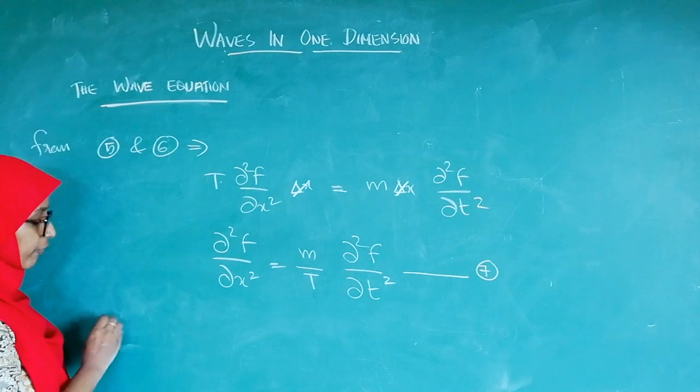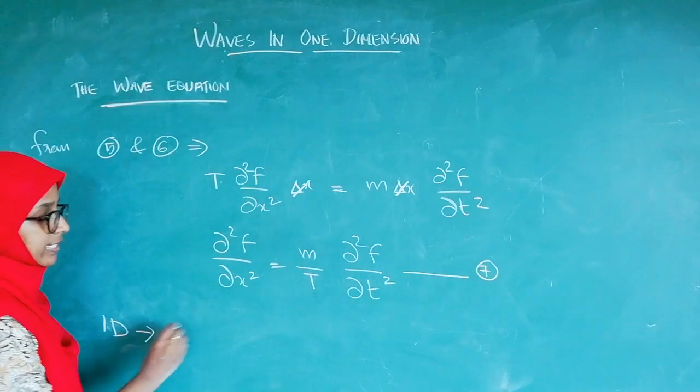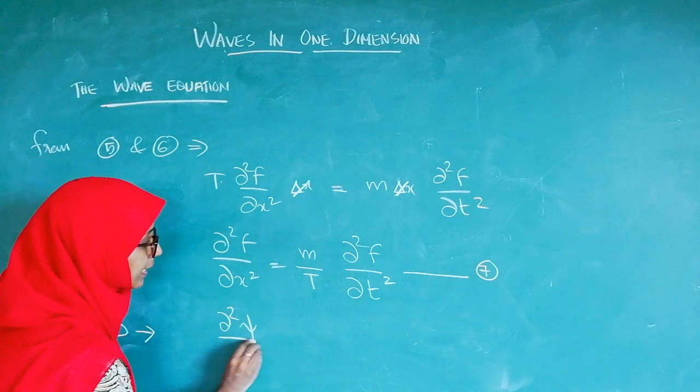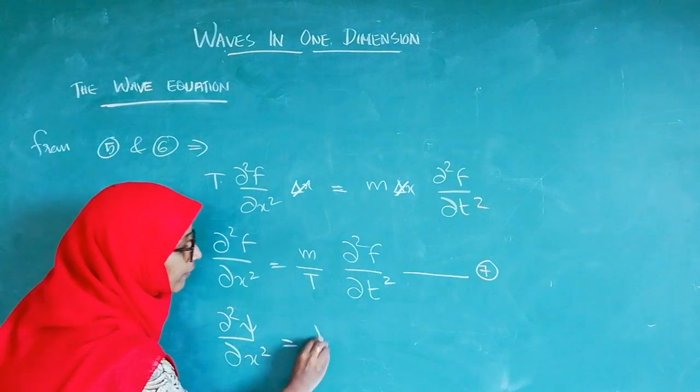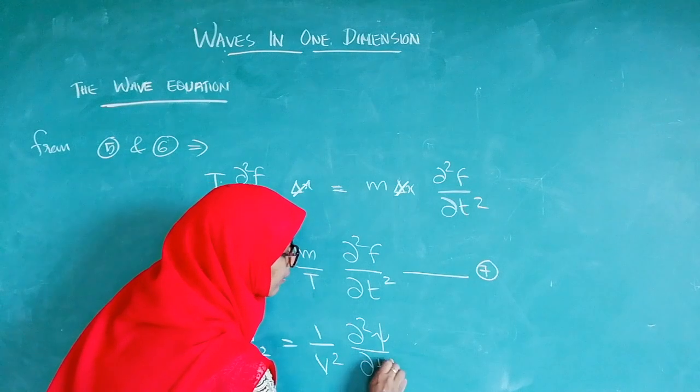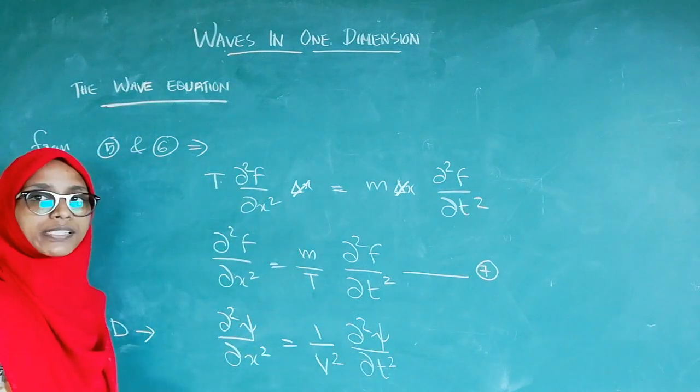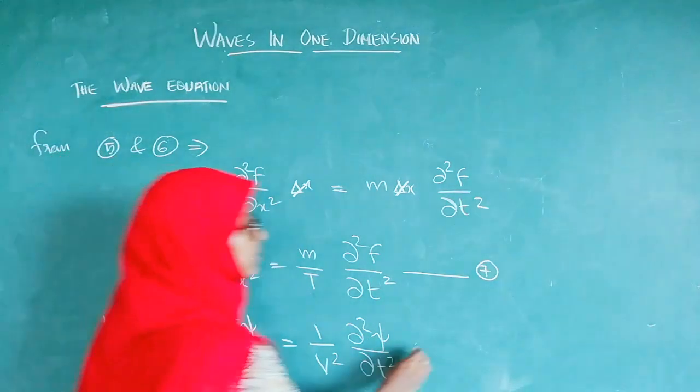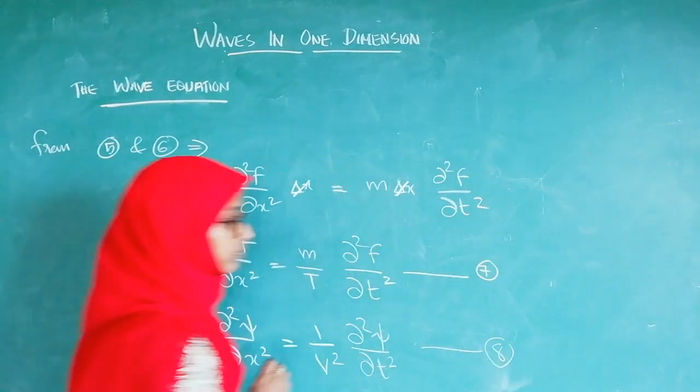Now we know the one-dimensional wave equation ∂²ψ/∂x² is equal to 1/v² ∂²ψ/∂t², where psi is the function which represents the wave, and it is equation number 8.